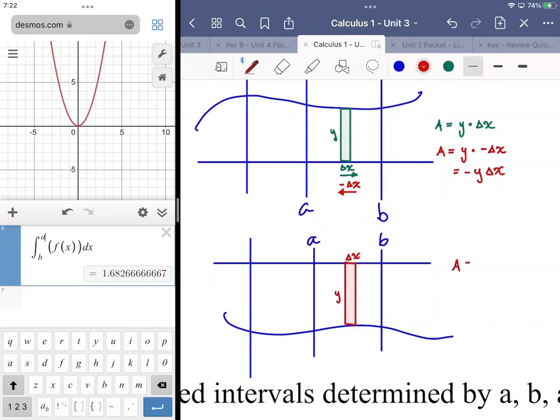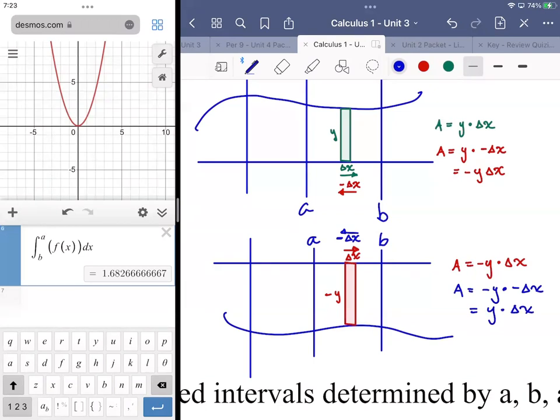The area here would be negative y times delta x, and that's going from left to right. As opposed to going right to left, negative delta x would be the movement. The area here would be negative y times negative delta x, so y times delta x.